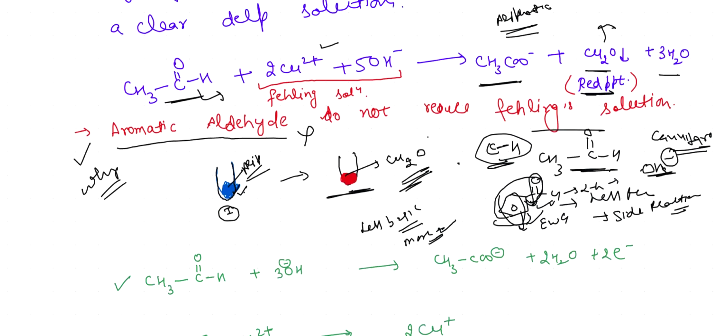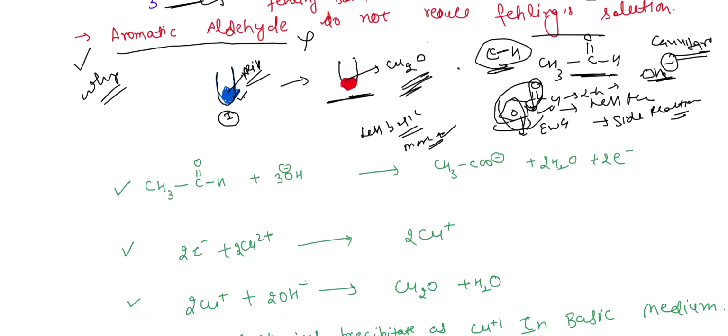And look at the mechanism of Fehling solution, how it is oxidizing to the carboxylate group. The aldehyde is reacting with three molecules of hydroxide. It is producing two molecules of water and one molecule of carboxylate group along with two electrons. So copper 2 positive is reduced to copper 1 positive by gaining two electrons.